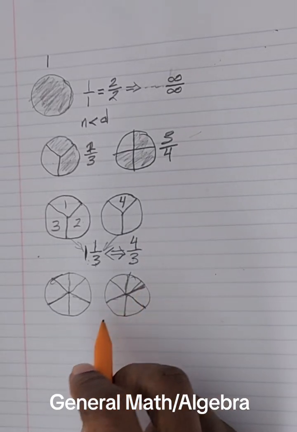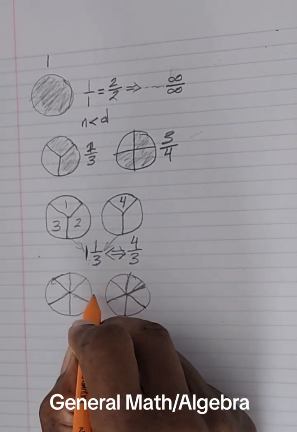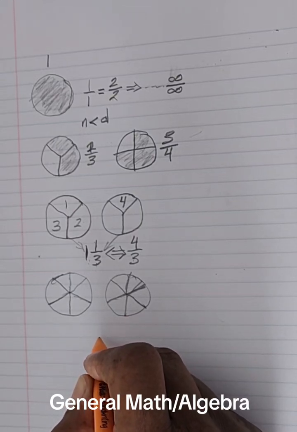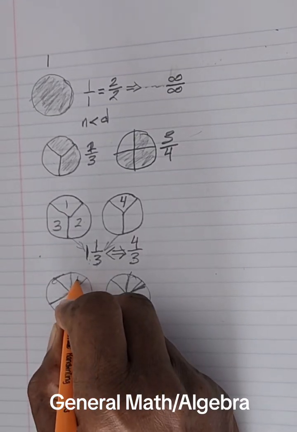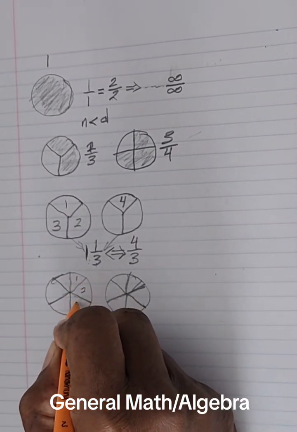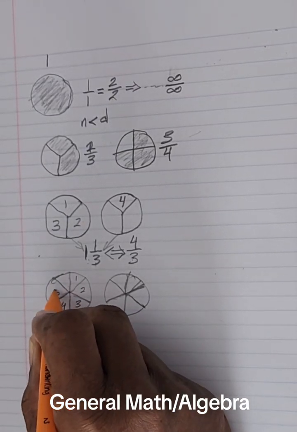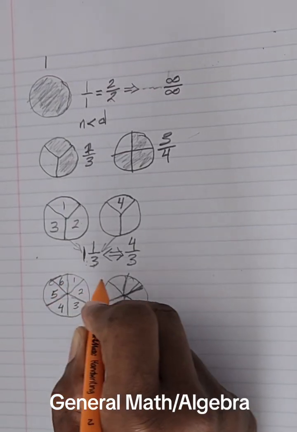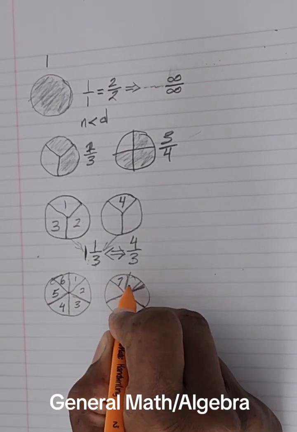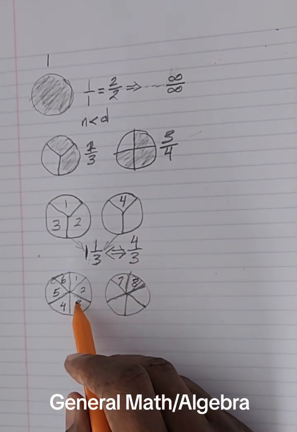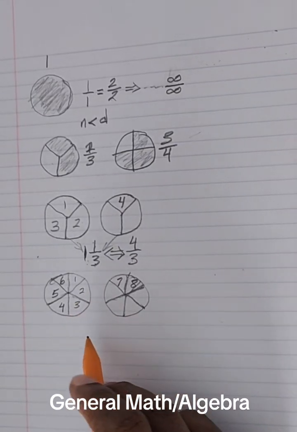Okay, so if we have 8/6, we would have 1, 2, 3, 4, 5, 6, 7, 8. And now we have 8/6.